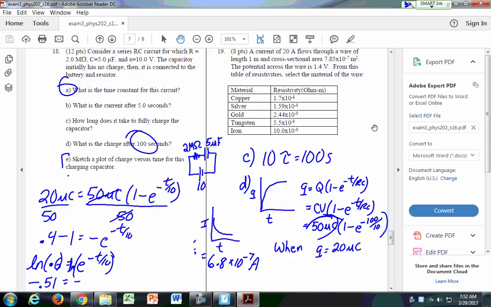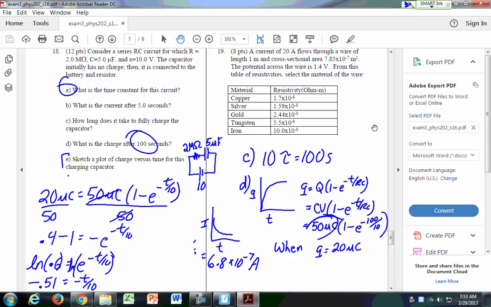And this becomes negative t over 10. So you see the natural log gets rid of this exponential term. It's sort of like canceling it out. And so when I take the natural log right here, it just leaves me with the exponent minus t over 10. And then I can solve that. It's going to be t is 5.1. So at 5.1 seconds is when it has a charge of 20 microcoulombs.